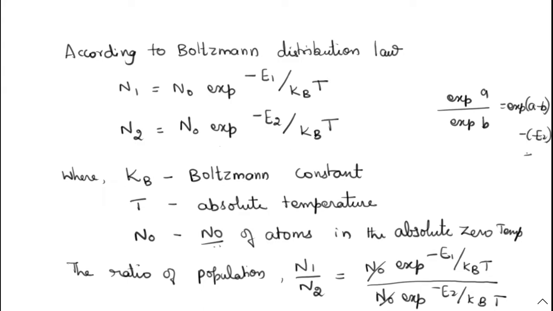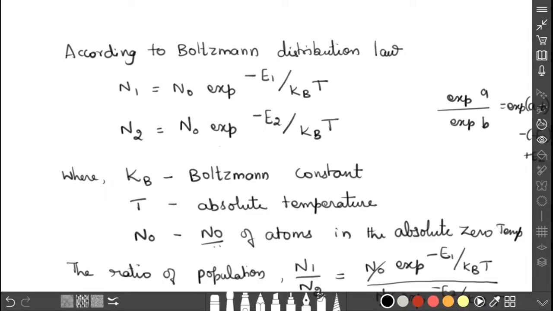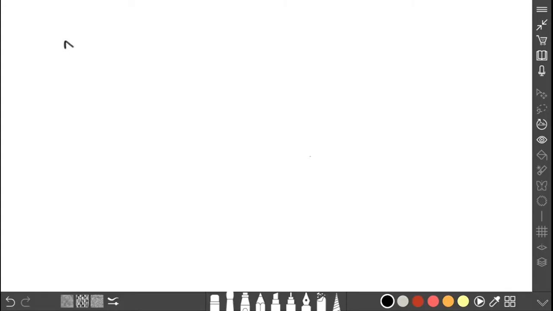Okay, so here I am going to write the next step. Listen carefully. N1 by N2 is equal to exponential of E2 will go up, but by the time it will change as positive. So E2 minus E1 divided by KBT, right?